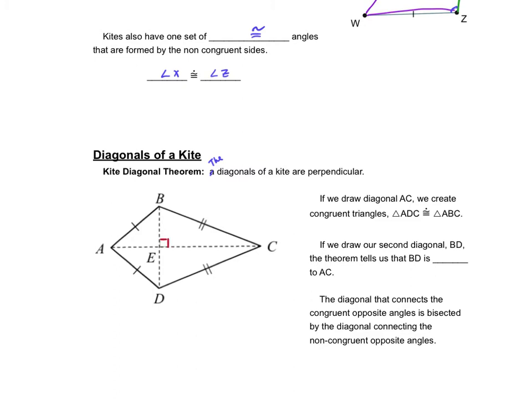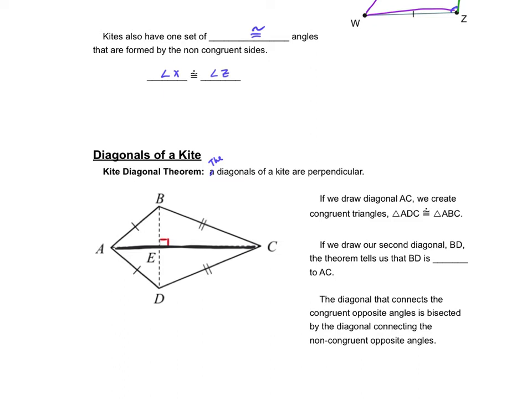Now, if we draw a diagonal AC, we create congruent triangles, ADC and ABC. This diagonal will split this kite in half, and we end up with two congruent triangles, ADC and ABC. We can see quickly that they are congruent because of side, side, side.